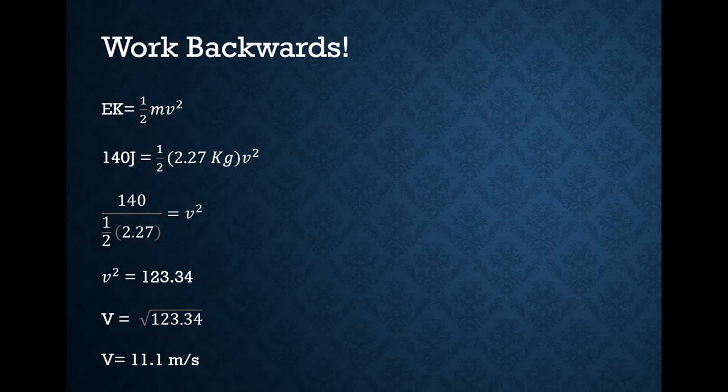Then, plugging this into your calculator, you'll get v squared equals 123.34. To get rid of the squared on the left side, you're going to need to square root the right side. Then, after all the calculations, you'll end up with a velocity of 11.1 meters per second.